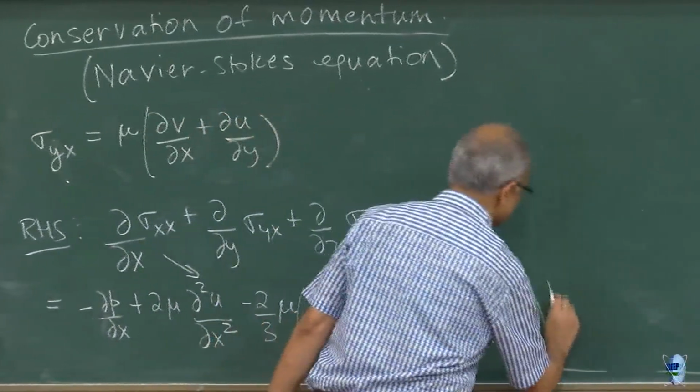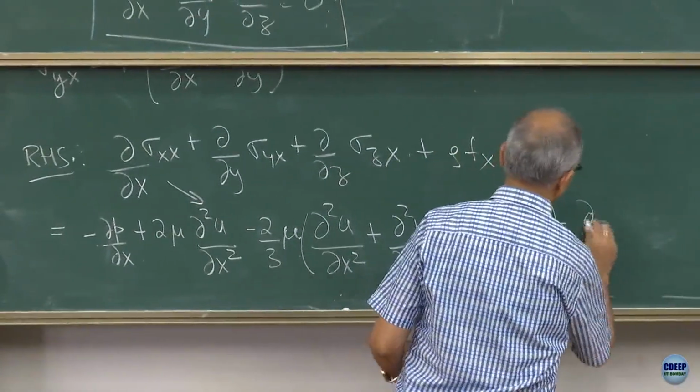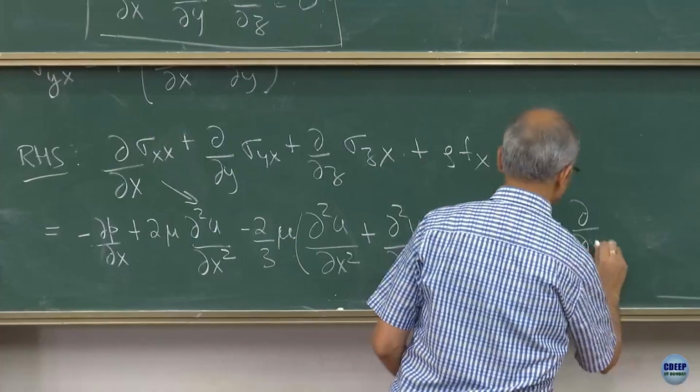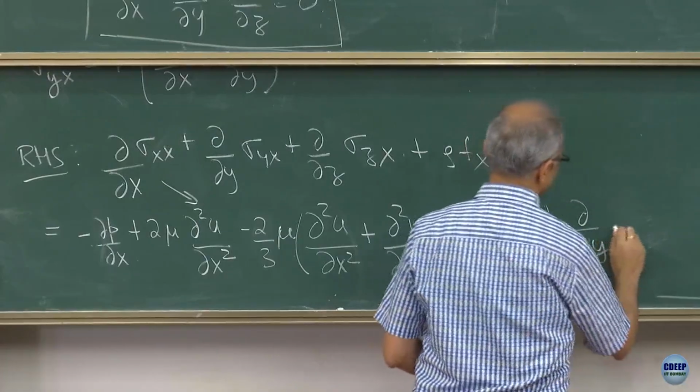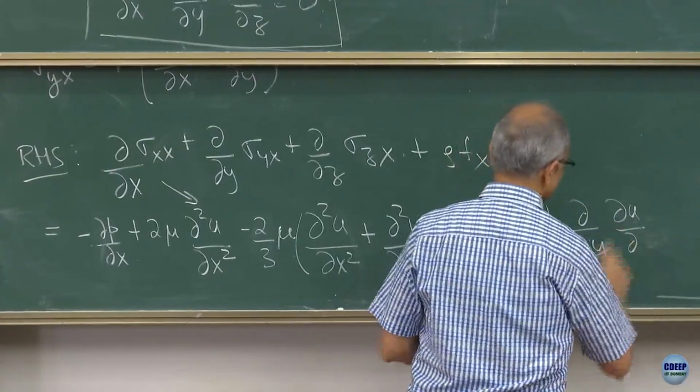Plus the second term, if I write it out, I get dou by dou y of dou u. And of course, everywhere there is a mu here.